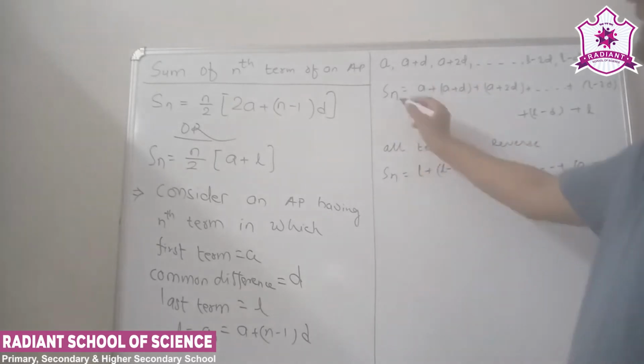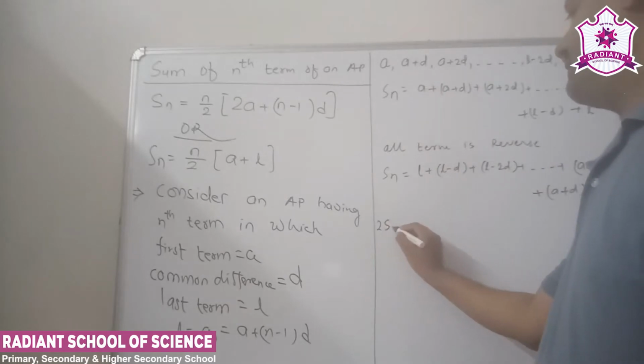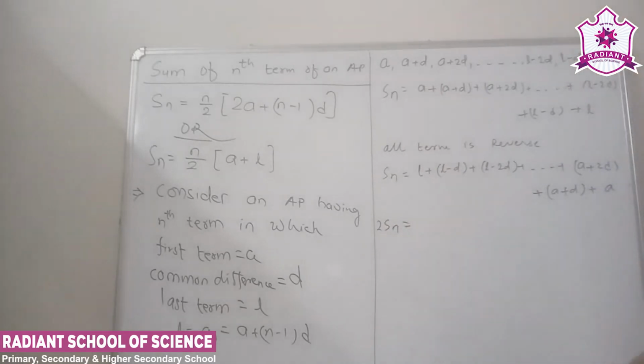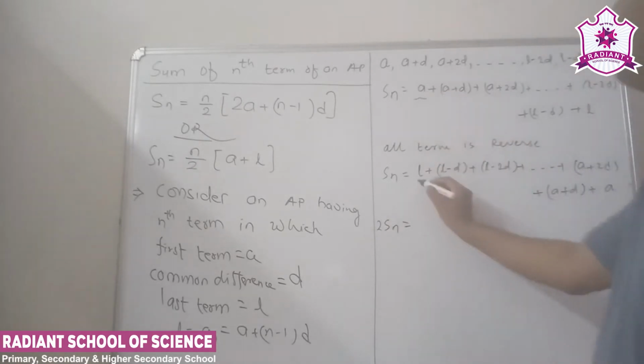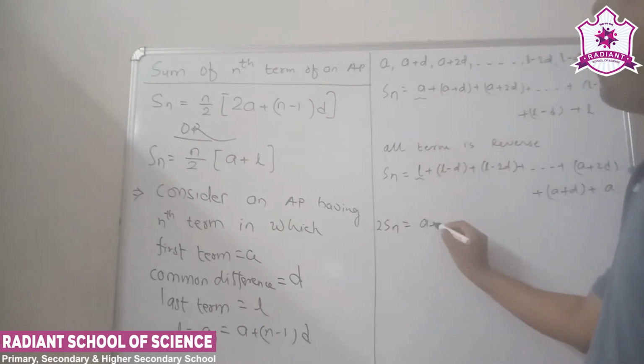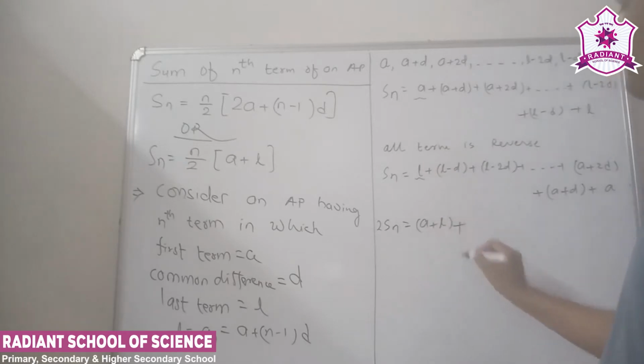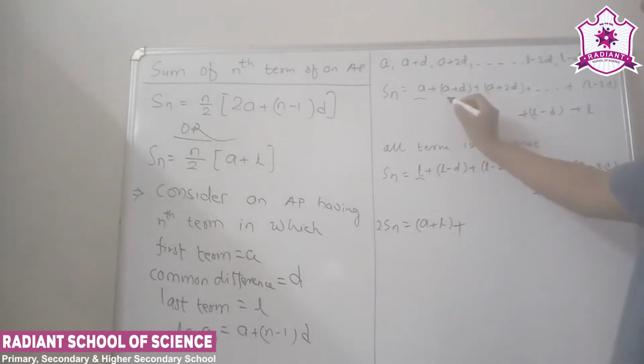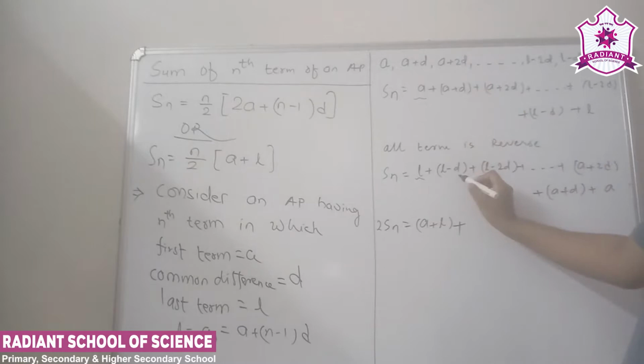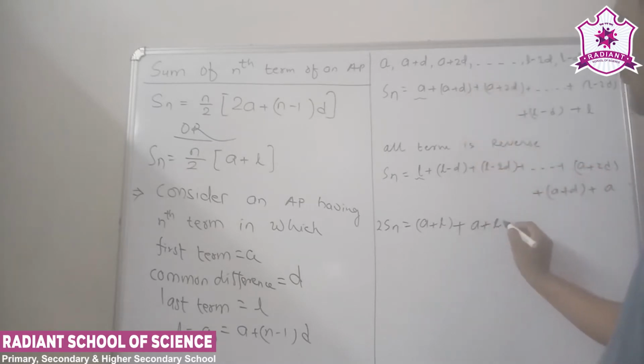Now the sum of both, equations 1 and 2. So Sn plus Sn, how much? 2Sn is equal to: the first term here is a, and here l, so you put a plus l. Second term a plus d, here l minus d, so the d's cancel, again remaining a plus l.